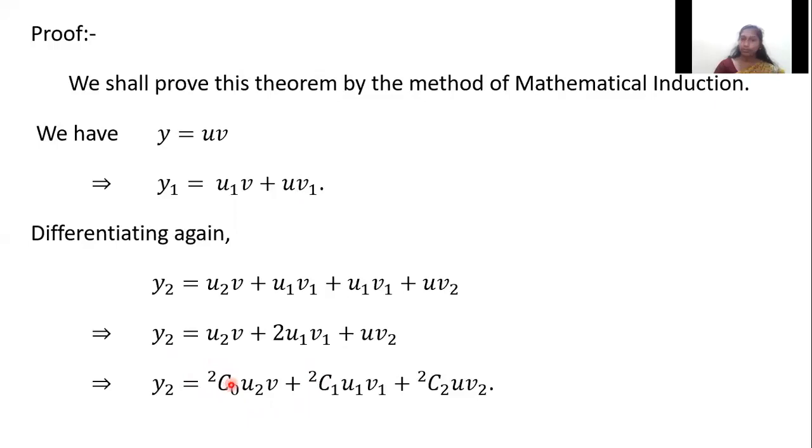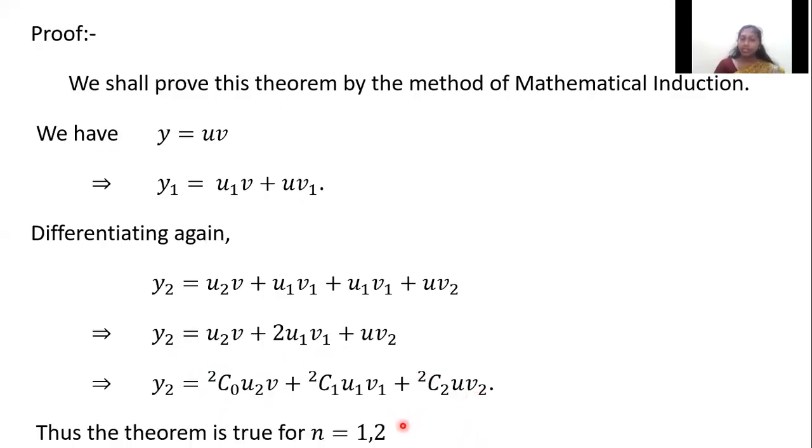So 2C0, the value is 1, is replaced with 2C0 u2v plus next is 2C1. And what is 2C1? 2 factorial by 1 factorial into 1 factorial, which is 2. So that is 2C1 u1v1 plus next is 2C2 uv2.